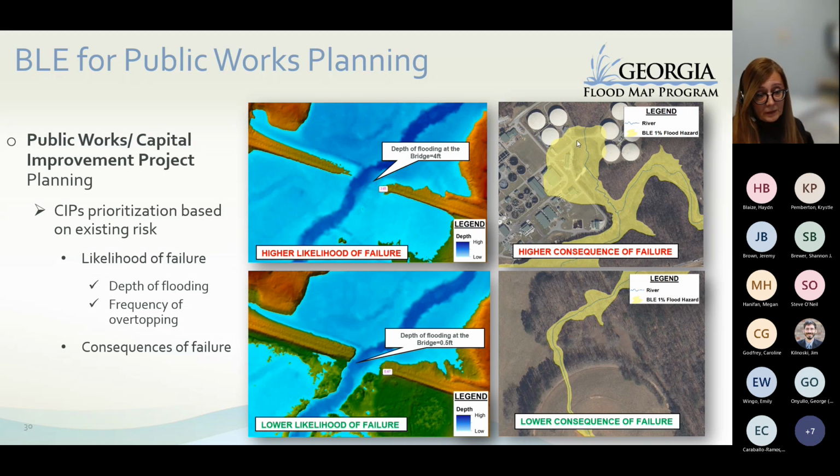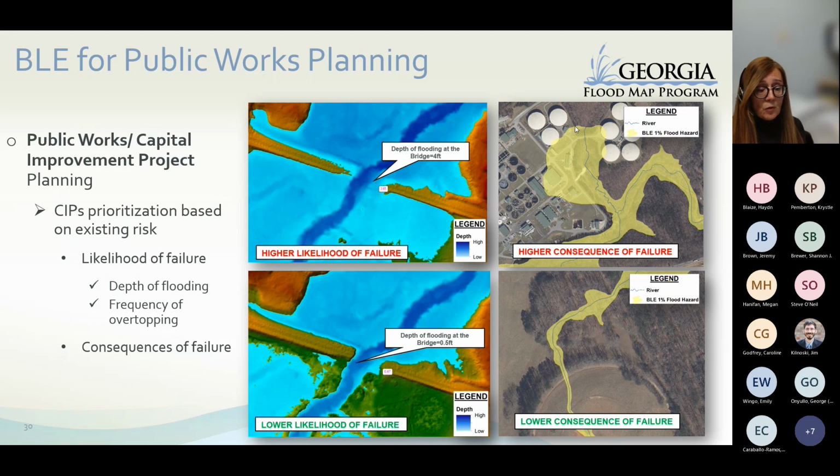infrastructure in the floodplain, versus the second image here, which shows that downstream of the proposed capital improvement project you have just an undeveloped area, where obviously the consequence of failure is not going to be as significant, just because there's nothing much to be impacted downstream of this structure.